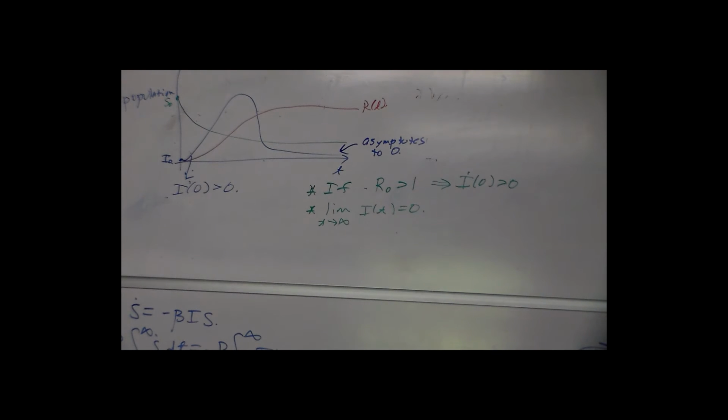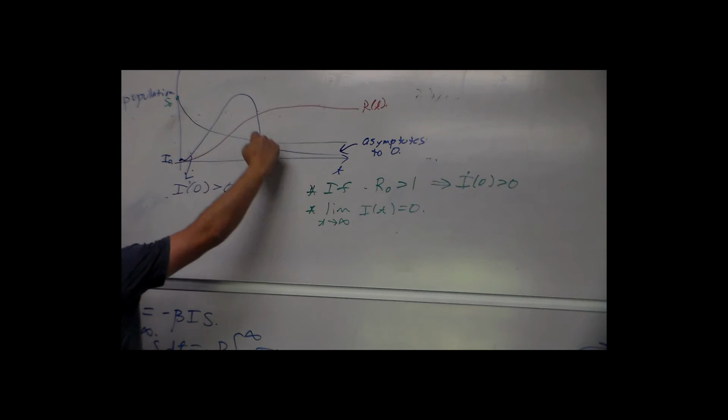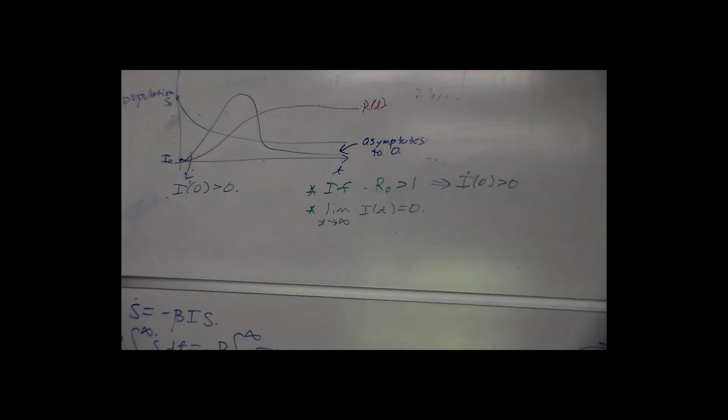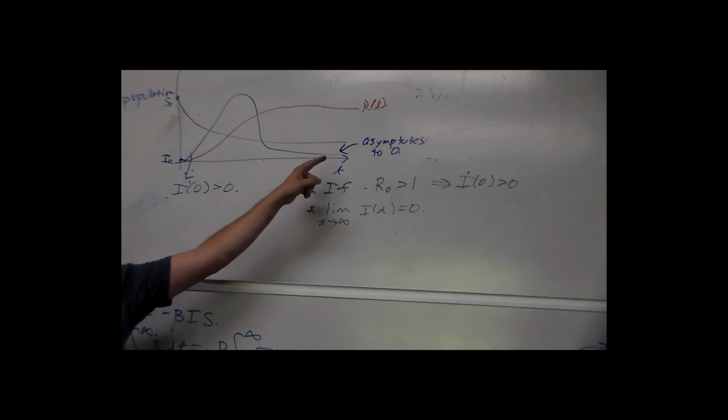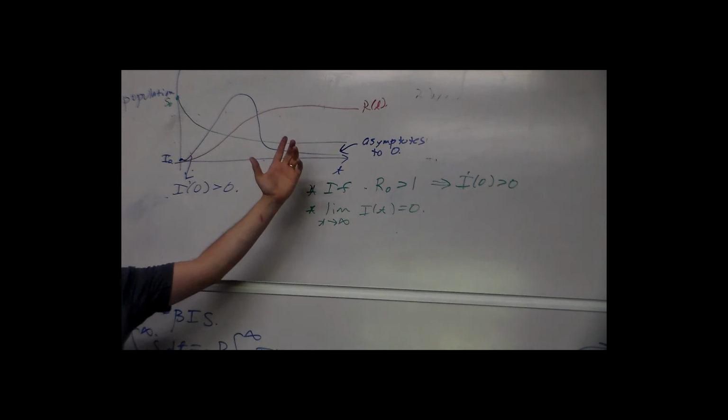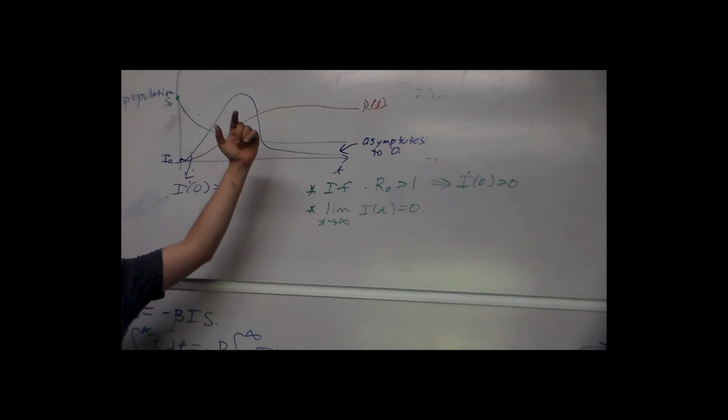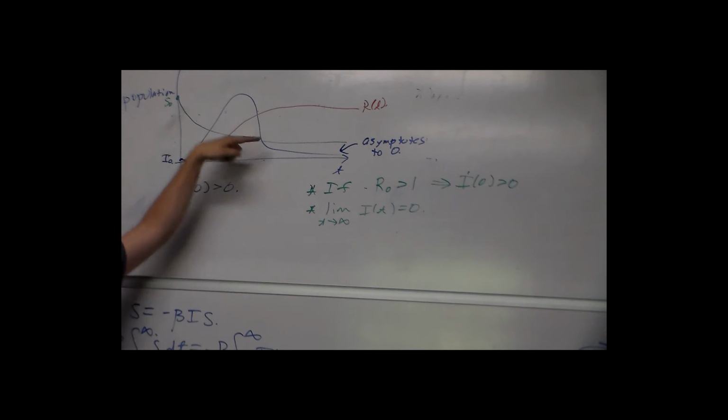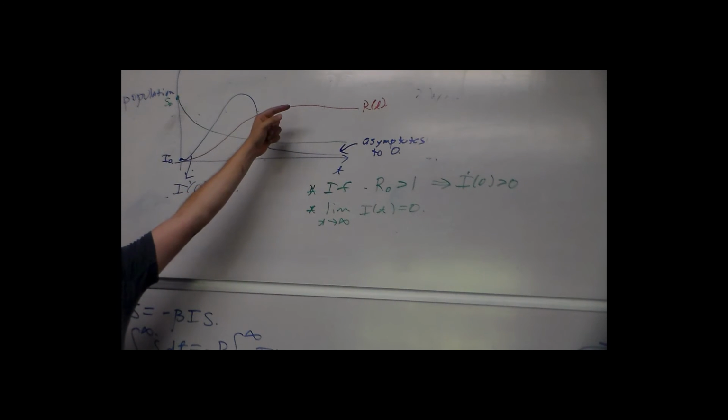So in other words, the graph has to look like this blue curve. It's got to go up and then come down. How do we know it doesn't go up, down, up again? How do we show that?